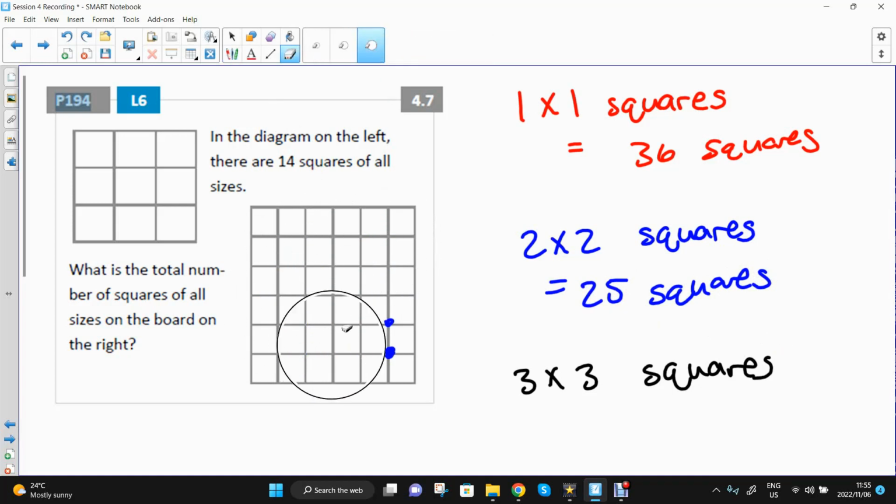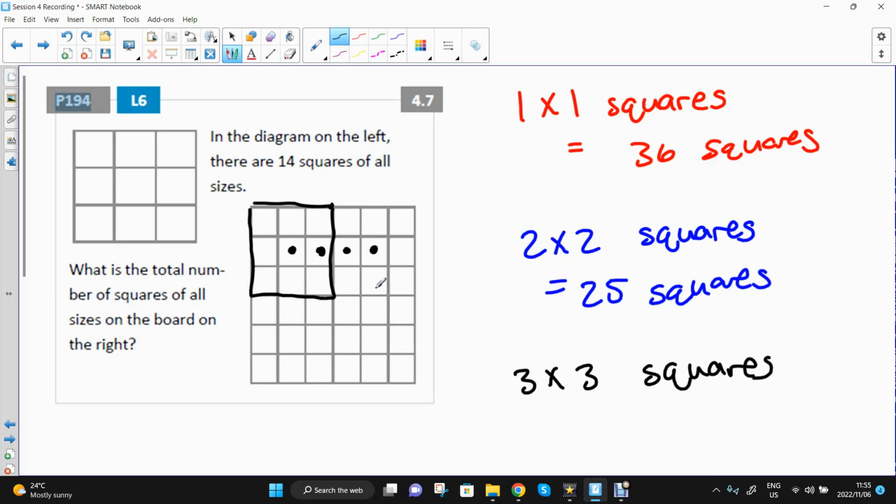Let's start again. Now we want 3 by 3 squares. Now I'm going to draw out the first one. So that's 3 by 3. I just want to find the middle, you see. So that's going to be the middle of a 3 by 3 square. Which means that can also be a middle. That can be a middle.